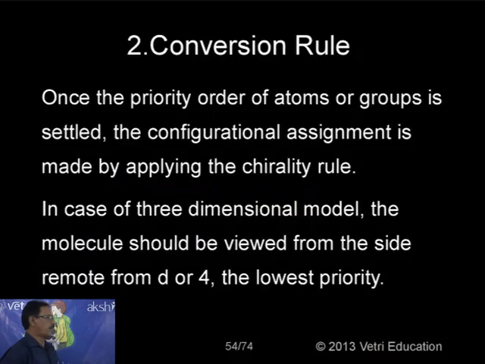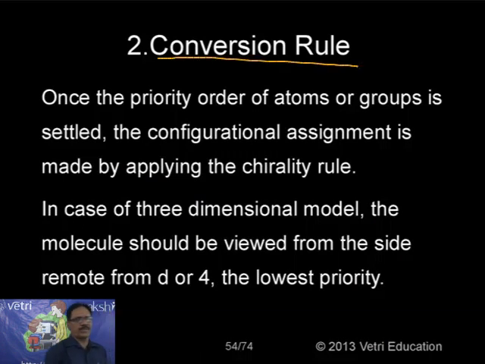Okay, kindly follow. Now, that number 1 priority we have given, so based on atomic number, we have to give priority 1, 2, 3 and 4. Whenever any problem is there, I have already discussed the subrules, how to overcome the problem. Okay, let us assume, by overcoming all the problems, we have assigned priority order 1, 2, 3 and 4. What is the next step?